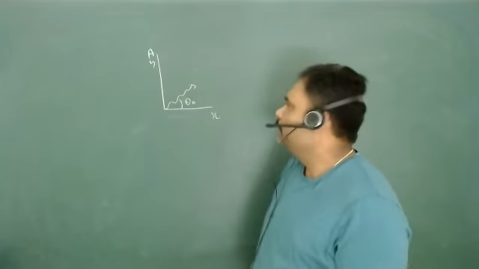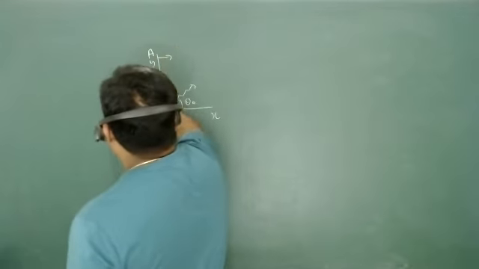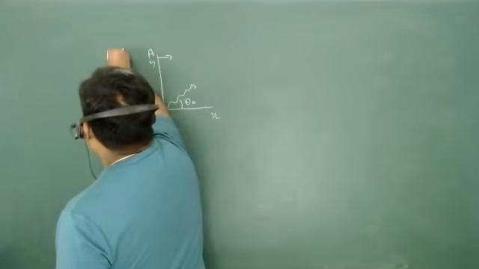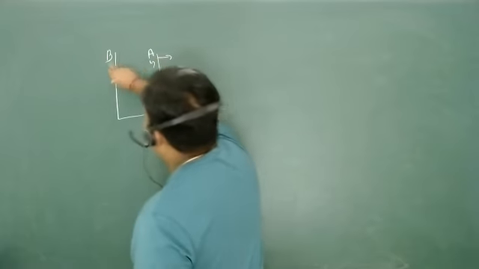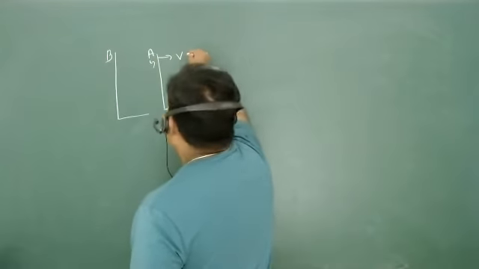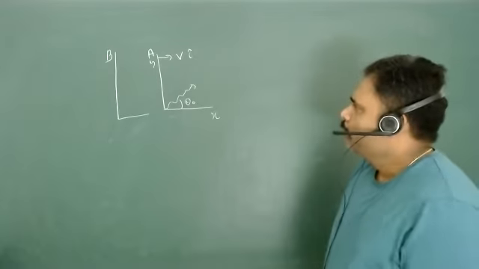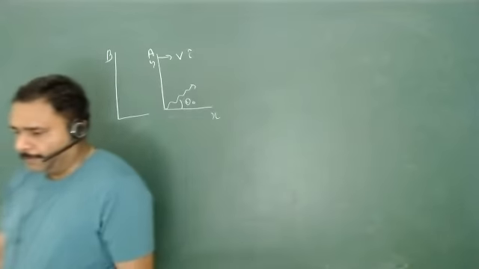This is our assumption. And this A frame is moving with respect to some frame B, which is also inertial. And the speed of A with respect to B is, let's say, V, in the i cap direction. Let's say it is moving in the i cap direction. So this is the whole story.